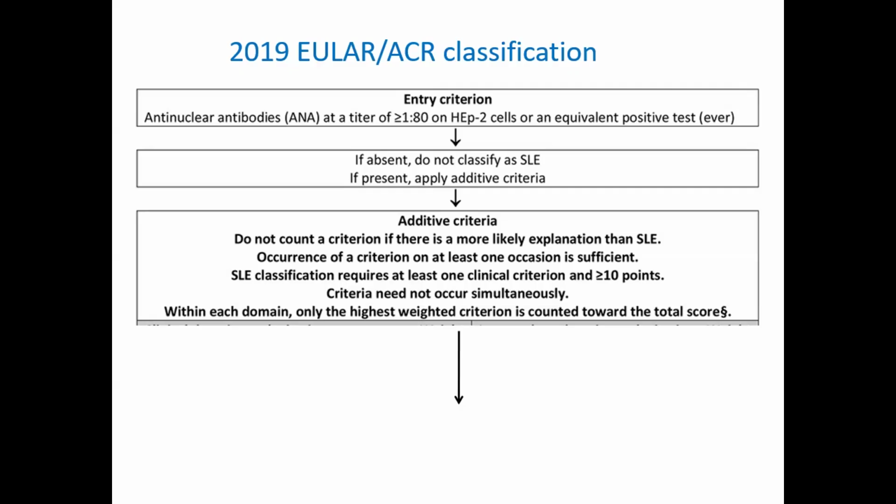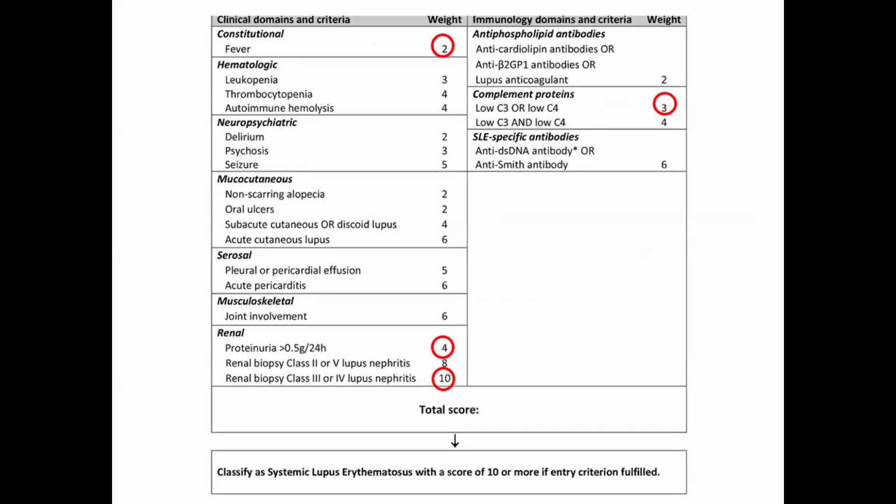But in our case, even though the entry criterion is not met, looking into the additive criteria, we get a total score of 19, depending on the clinical and immunological domains. In clinical domains, the patient had fever, proteinuria, and a renal biopsy class 4. And immunologically, there was a low C3.